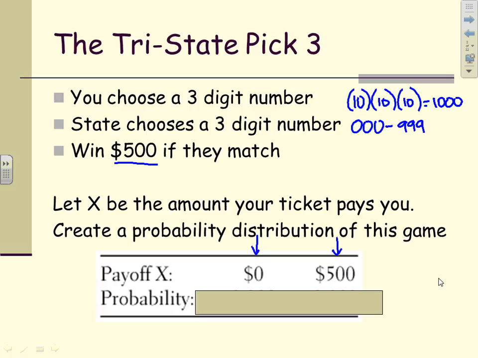So if you're trying to find the probability of accurately picking the 3-digit number, 99.9% of the time you're not going to pick the right number, 999 out of 1,000, and only one time out of 1,000 will you actually win this lottery. But if you win, you win $500. So that's our probability distribution.